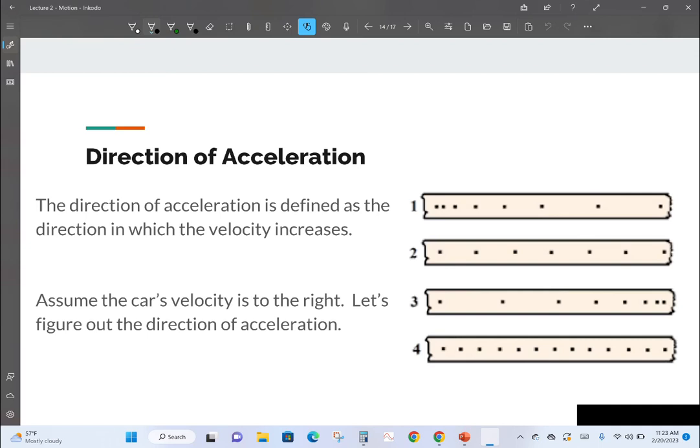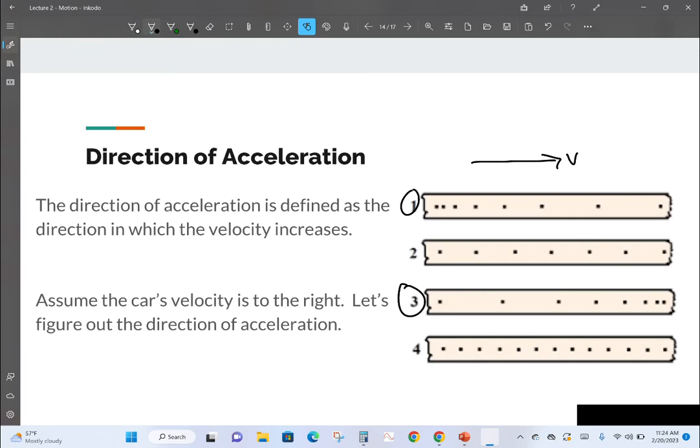So think about it. As you get faster, the dots get further apart. Let's say that these are 4 ticker tapes, and we're going to pay attention to number 3 and number 1. In both of these situations, a car is moving to the right. So as the car moves to the right in number 1, the dots go from being very close to being further apart. So it is changing its speed.